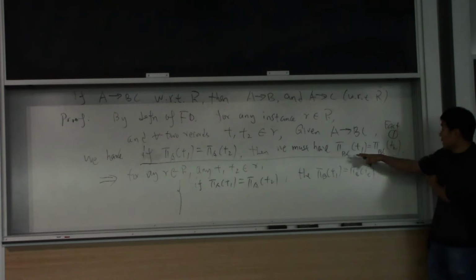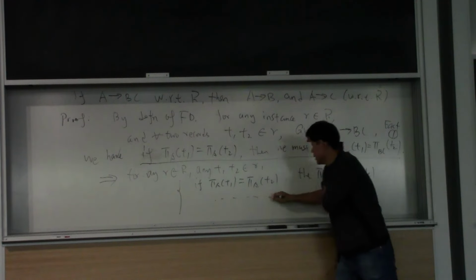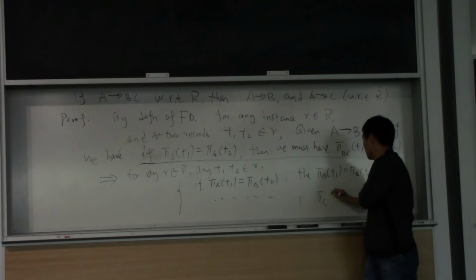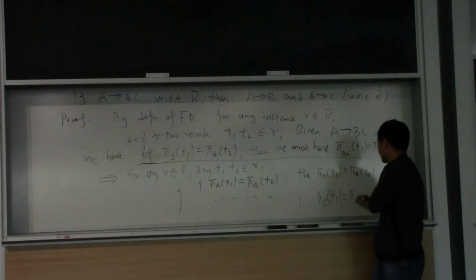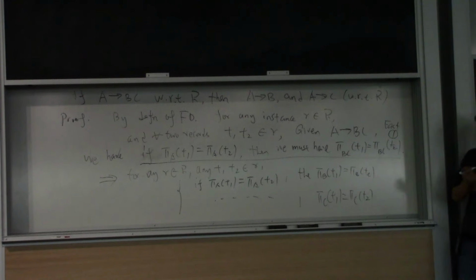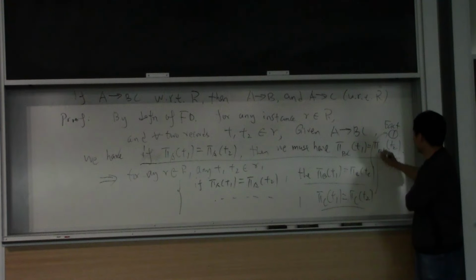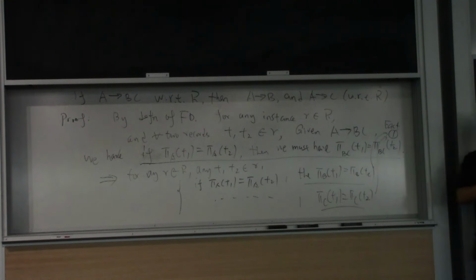Why? Because B, C values are the same, implies B value must be the same. And for the same argument, C value must be the same as well. Both of these are using this fact number 1. Does that make sense?